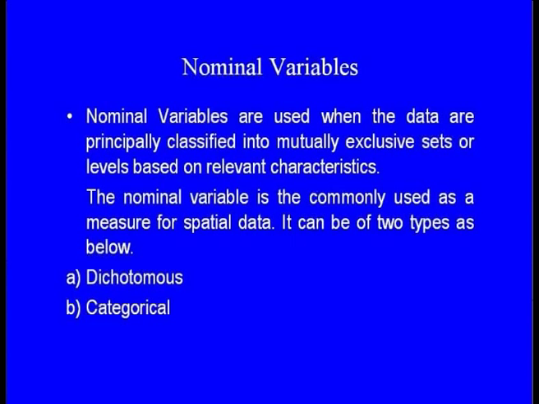So, look at these variables by which GIS data representation can be made. Nominal variables are used when the data are principally classified into mutually exclusive sets or levels based on relevant characteristics. The nominal variable is commonly used as a measure for the spatial data. It can be of two types, that is dichotomous or categorical.